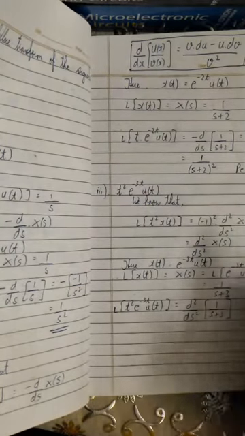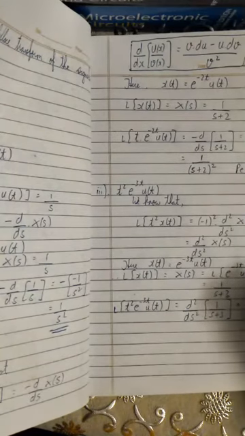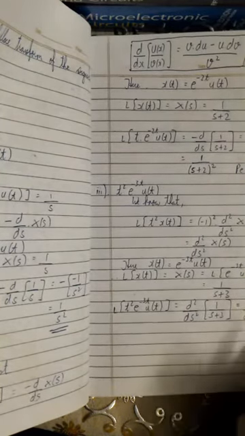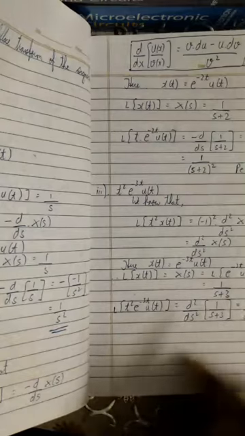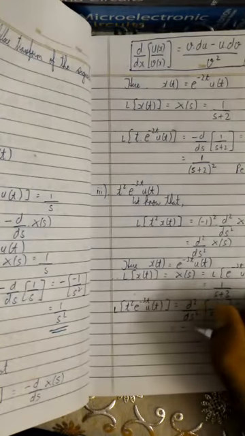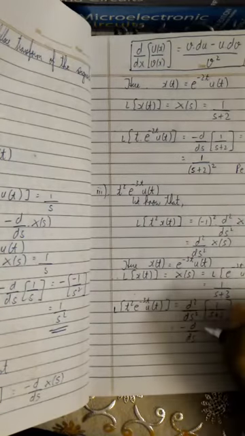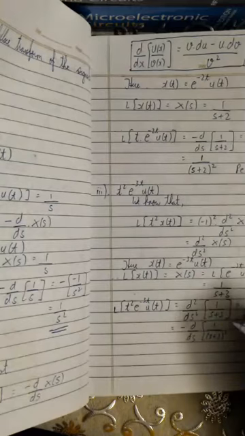So this is nothing but, if I differentiate it once, I will get d by ds of minus 1 by s plus 3 the whole square. Maybe I can take this minus 1 outside, it will become minus of d by ds of 1 by s plus 3 the whole square.